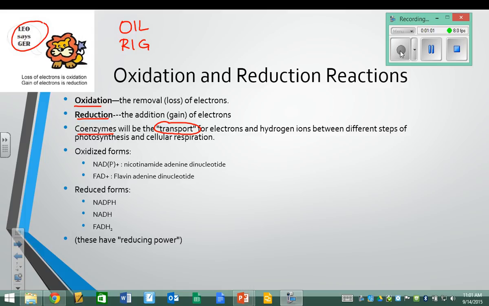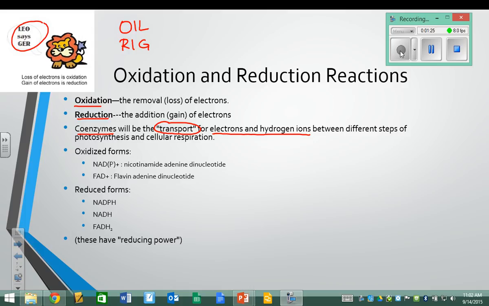I don't care about the names. We're not going to worry about naming each of those structures. We're going to collectively refer to them as coenzymes. But there are molecules that will transport electrons and hydrogen ions around from different steps of photosynthesis and cell respiration onto the next one.